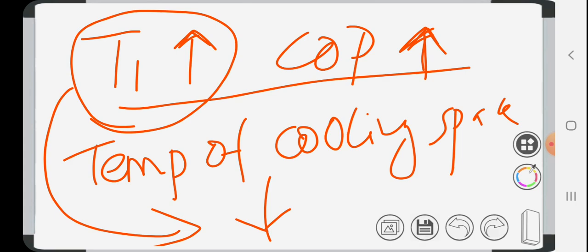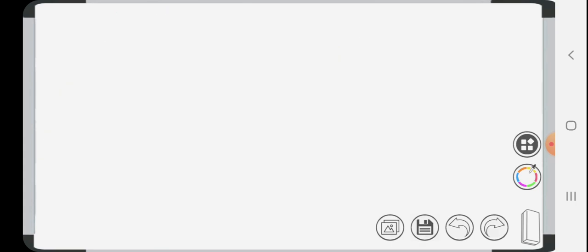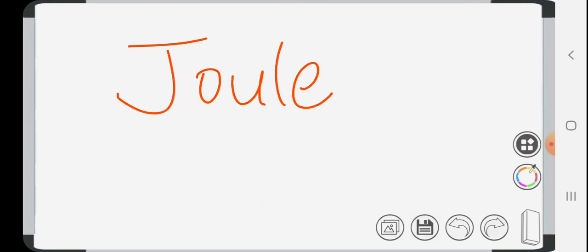Actually, you have learned the Joule cycle in power plant engineering or a thermal subject. That is a cycle used in a power plant. A power plant is a work producing cycle. A refrigerator is a work consuming cycle.